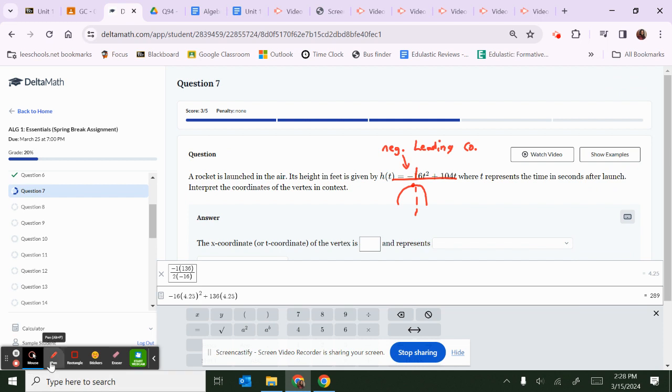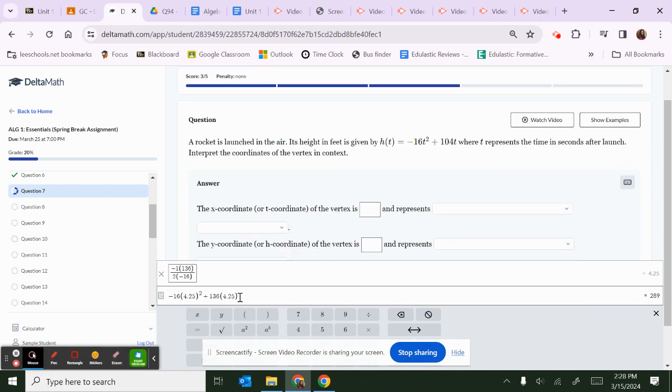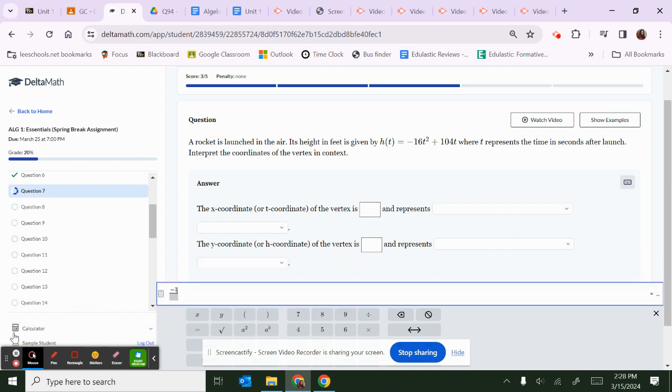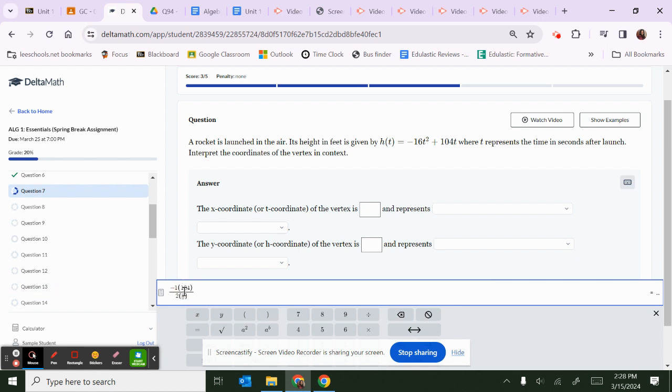Next question. All right. So for the next question, guys, it asks us the same thing. So I'm going to use my calculator quite closely for this one. All right. So again, I use the fraction, negative 1 over 2. Your b is 104. Your a is negative 16. We got 3.25. So in here I put 3.25, and that represents t, which is time, or how long at its peak.